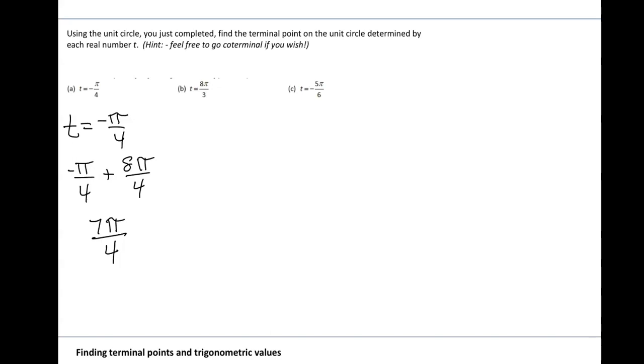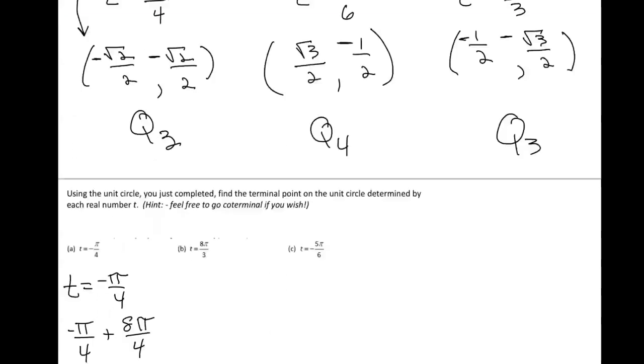So now what do I have to do? I have to find the coordinate pair, which is the terminal point. So I know that for all of the pi over 4s, t bar is going to be pi over 4. I know that all of them have the exact same values. So then the question is, where is this angle? Where is 7 pi over 4?